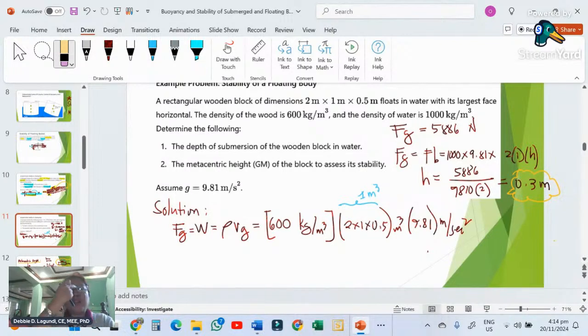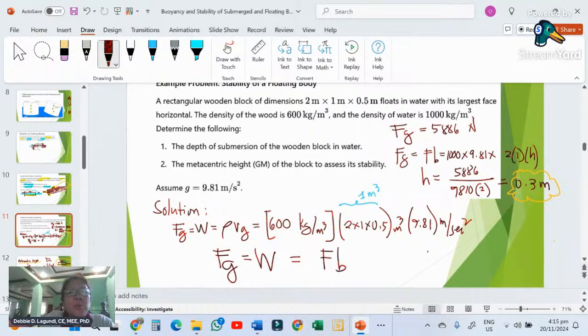All right. Well, I thought I had a different question here. Okay, so what would be the solution? First and foremost, we have to equate the force due to gravity, or the weight, to the force due to buoyancy. These were already tackled earlier on.